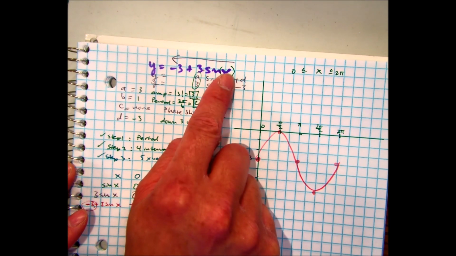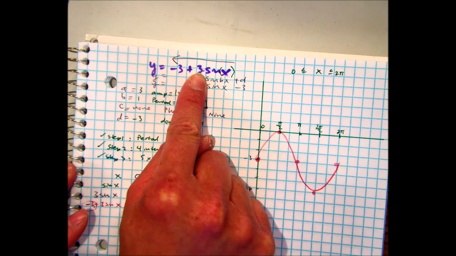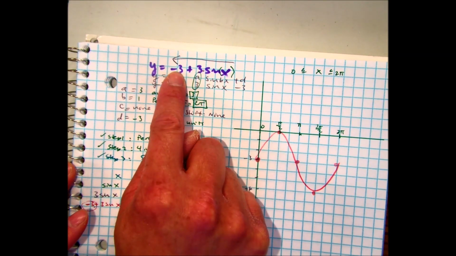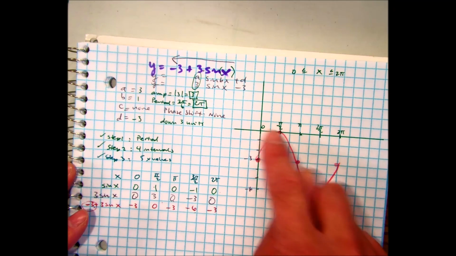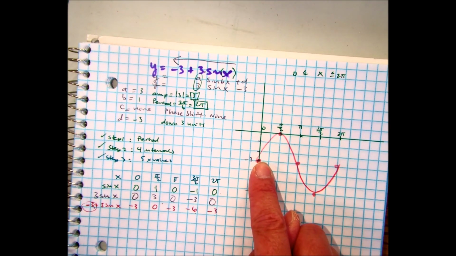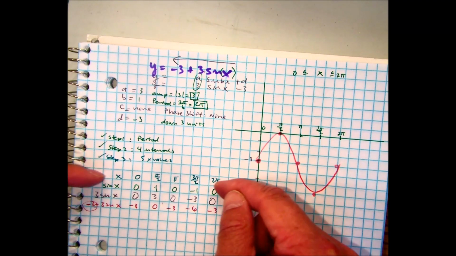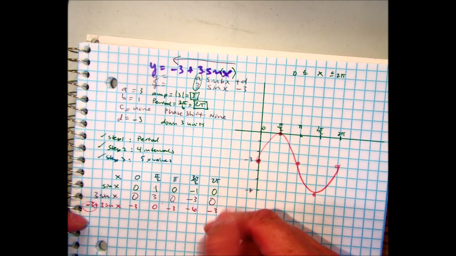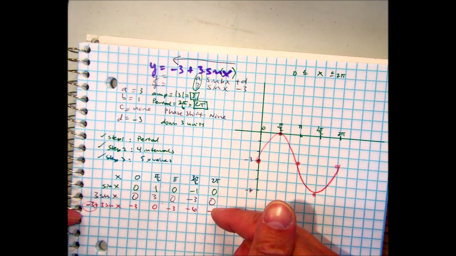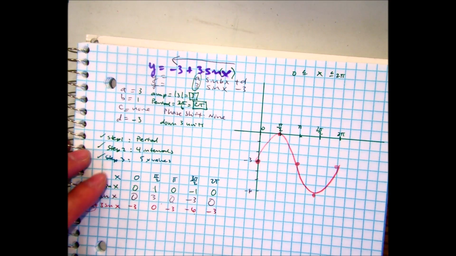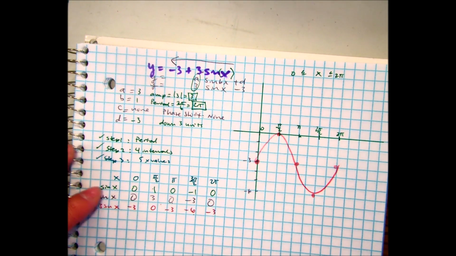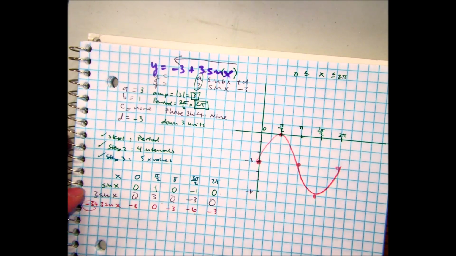And 0 times 3? 0. 0 plus -3. That's why the graph's at -3. But in the chart, we're doing that one step at a time through all the 5 points. Now, you don't have to do this next part. I just want to show you what each of these other points looks like.